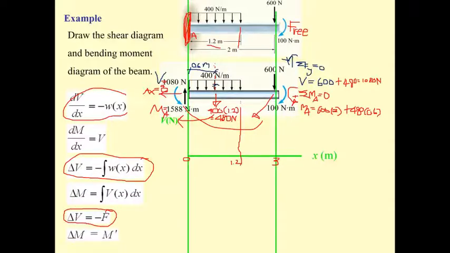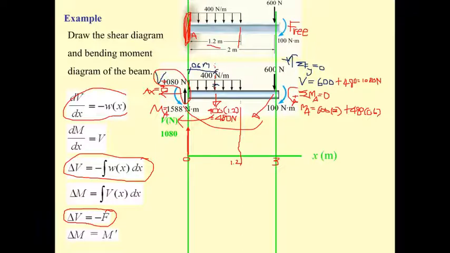And from the start, we start from x equal to 0 until x equal to 3. At x equal to 0, you may see that we have the shear here in the vertical direction. So we have this one for sure, upward, for 1080 Newton.